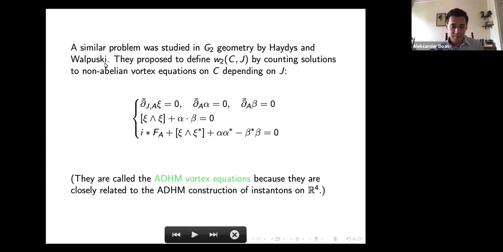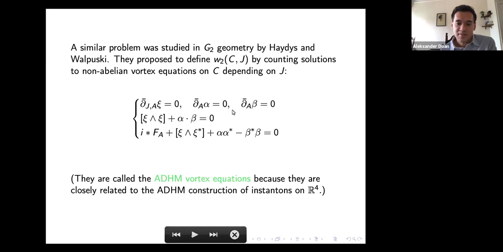If you go to what they wrote and try to unravel everything, you find a system of gauge theoretic equations on the Riemann surface. It doesn't really matter exactly what they look like, but the point is that it's some sort of vortex type equation. So you have some sections alpha, beta, psi.